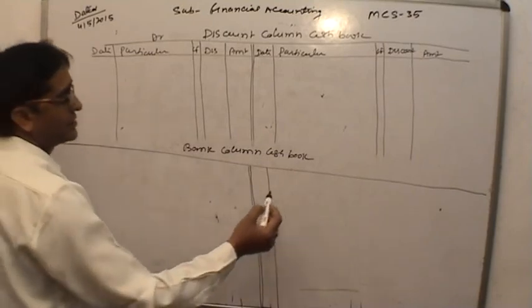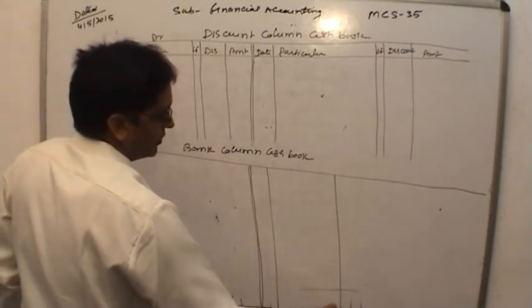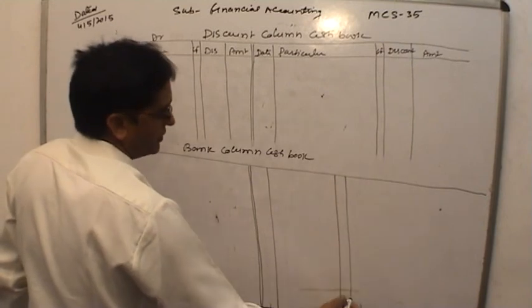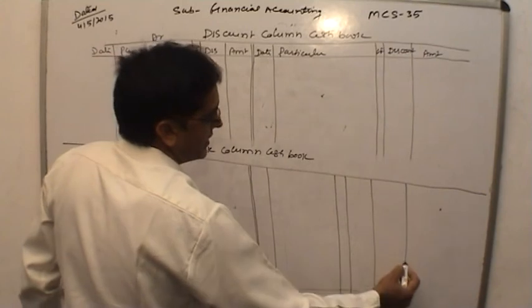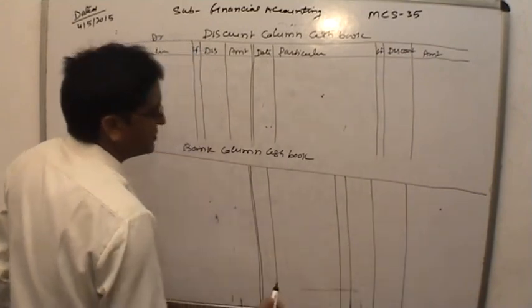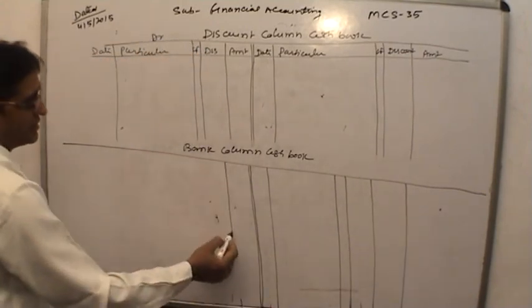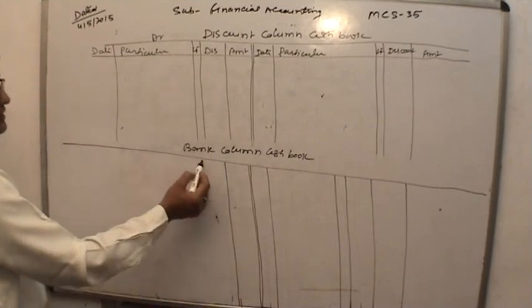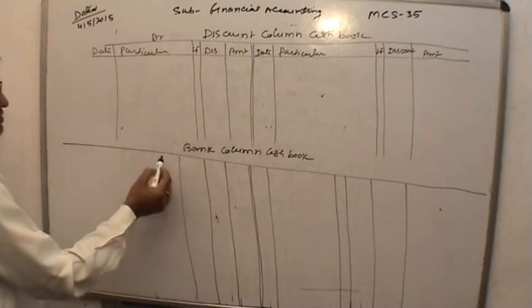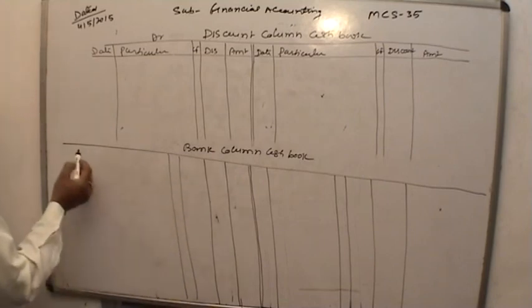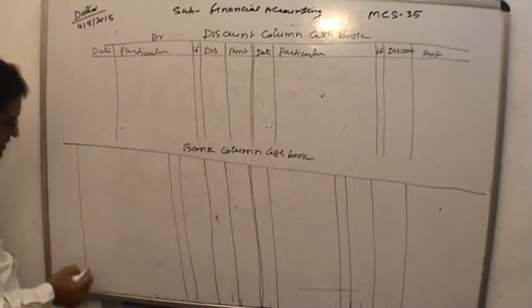This is date, then particular, after that ledger folio, then discount, then cash, and last one is bank, same as here: bank, cash, discount, ledger folio, particular, and date.